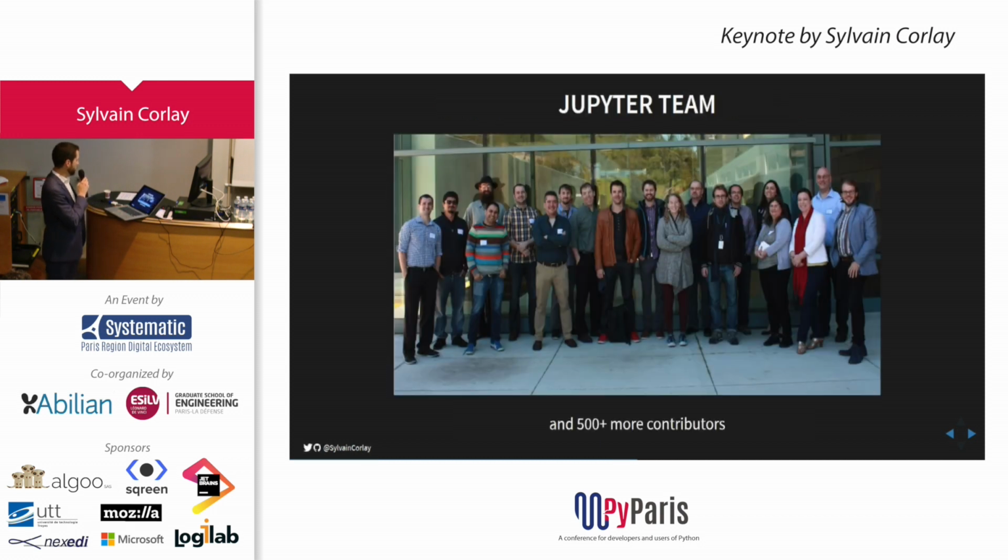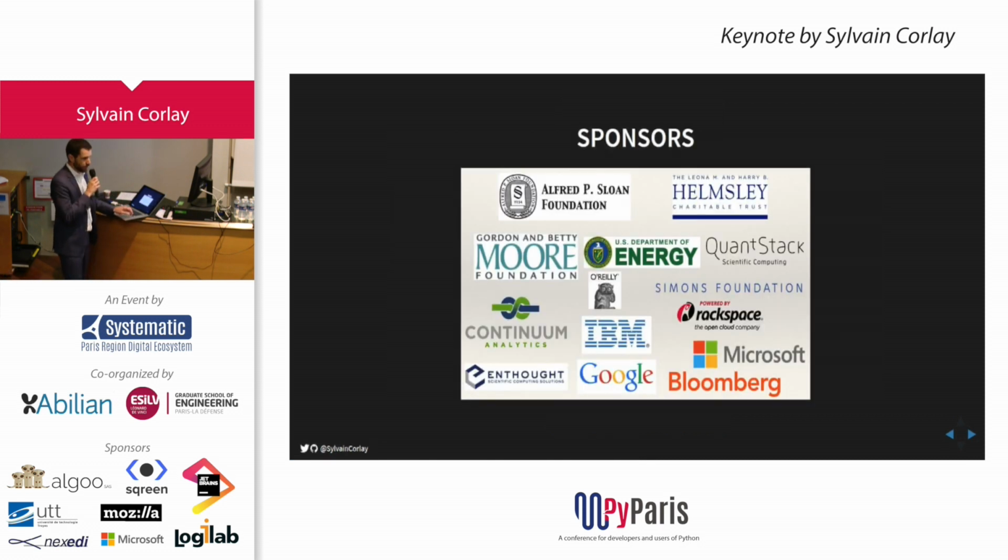But today, the Jupyter team is much larger. So this is a picture from the Jupyter dev meetings of 2015. There is almost everyone here. We're missing Kyle, Kelly, and Paul Ivanov. So I picked the wrong picture, but they were there that day. And it's also a pretty well-funded project.